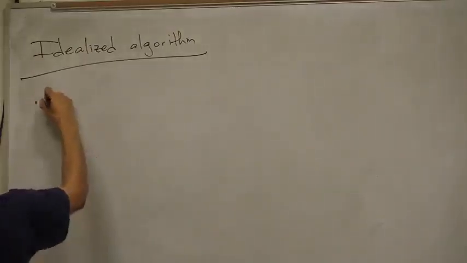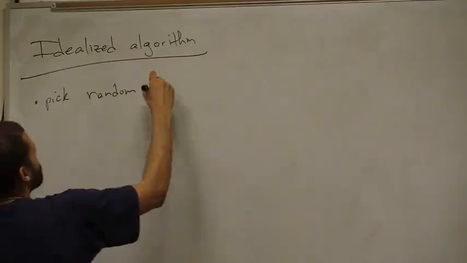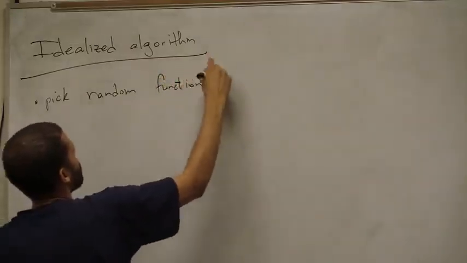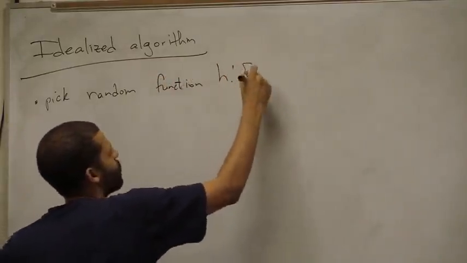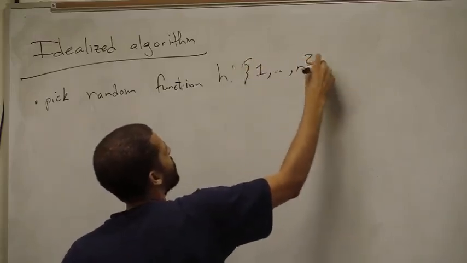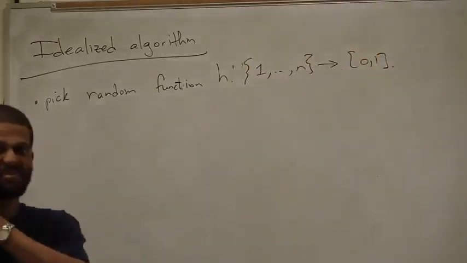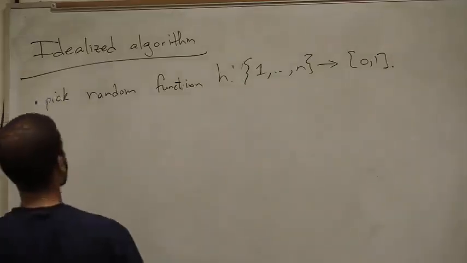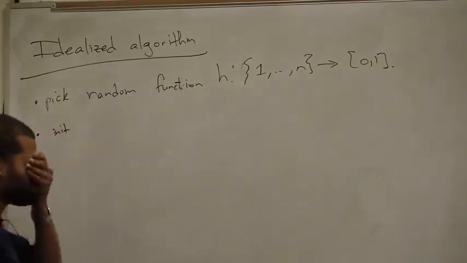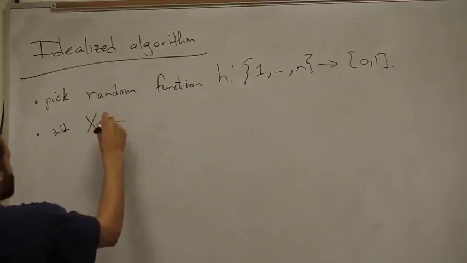So what I'll do is I'll pick a random function h, which maps my universe of all possible items into the continuous interval from 0 to 1. And then I'll initialize some counter x to 1.